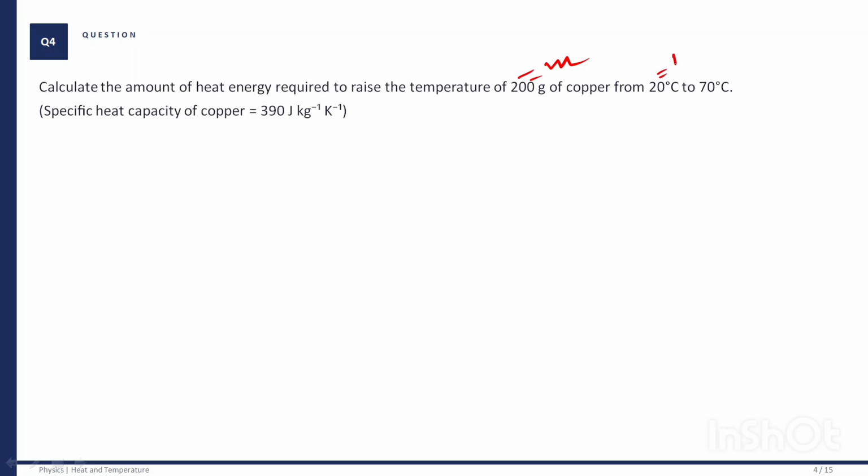Initial temperature T1 is 20 degrees Celsius, T2 is 70 degrees Celsius, and C is given as 390 joule per kg Kelvin. Mass must be converted into kg. What will you get for the mass here? 0.2 kg.